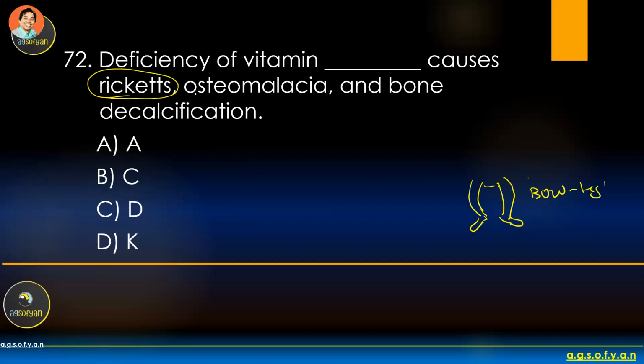Osteomalacia is for adults. They have very fragile bones because their bone cannot take up calcium, or bone decalcification, in which the calcium goes out from the bone, causing the bone to become fragile. So deficiency of what vitamin causes these problems? Of course, vitamin D, because vitamin D is used for calcium reabsorption.